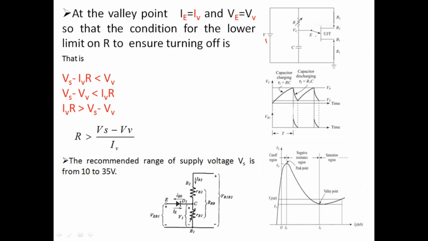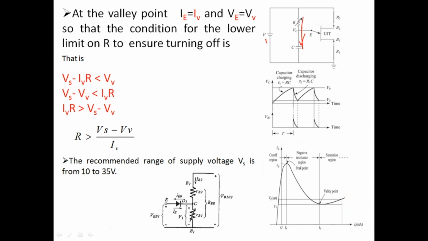As soon as the UJT turns off, what happens? The current coming here will start flowing in this direction. At the instant when the voltage across this is VV, the current flowing here was IV. So just after that, in that transition time, the current moving to the capacitor I will consider as IV only.